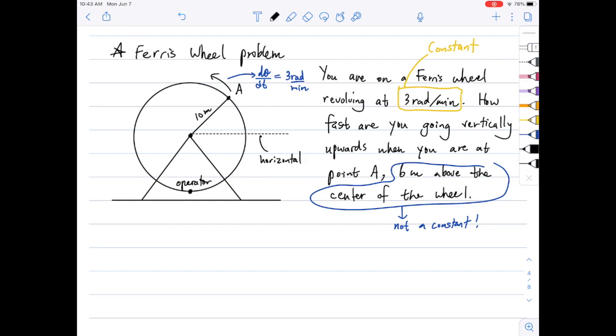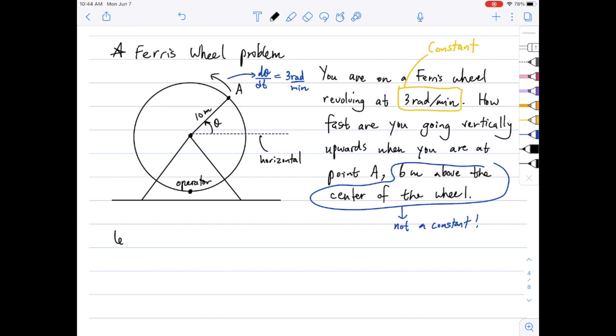What we're going to do is measure theta, our angle, from the horizontal that passes through the center of the wheel, in the counterclockwise direction. Now there are so many different angles. You could define an angle this way, or in a different direction, like clockwise, but whatever choices you make, you have to write them down.